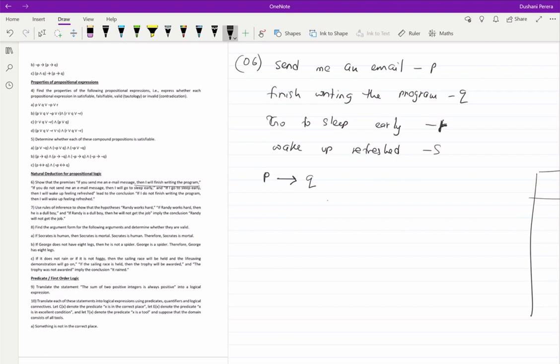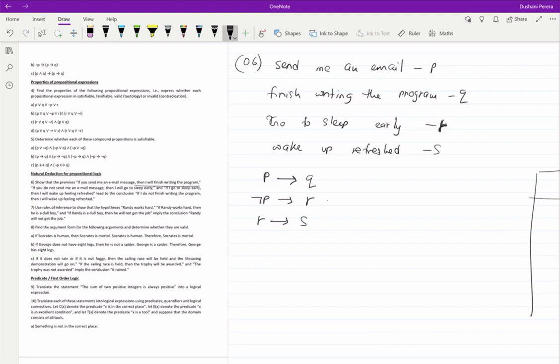Next one. If you do not send me an email message, I will go to sleep early. And then the last one is, if I go to sleep early, then I will wake up feeling refreshed.